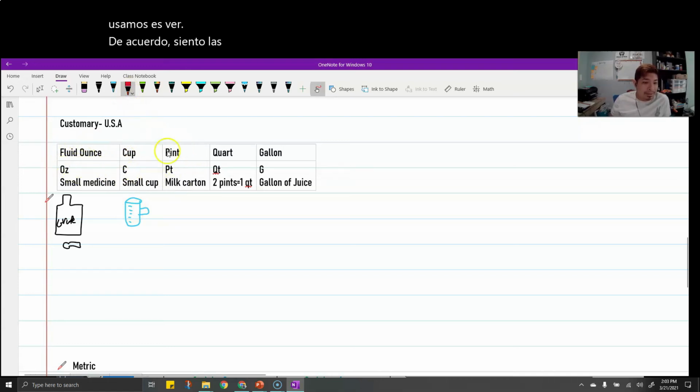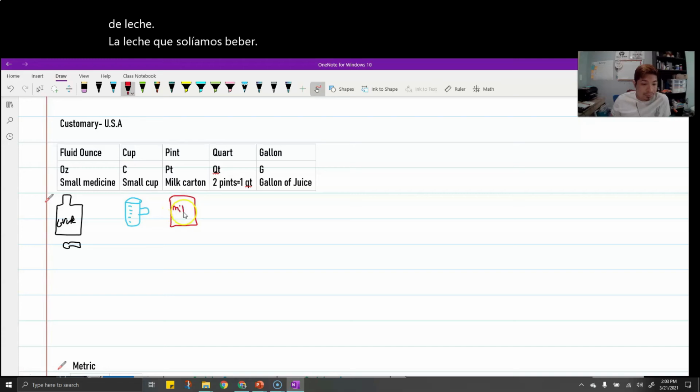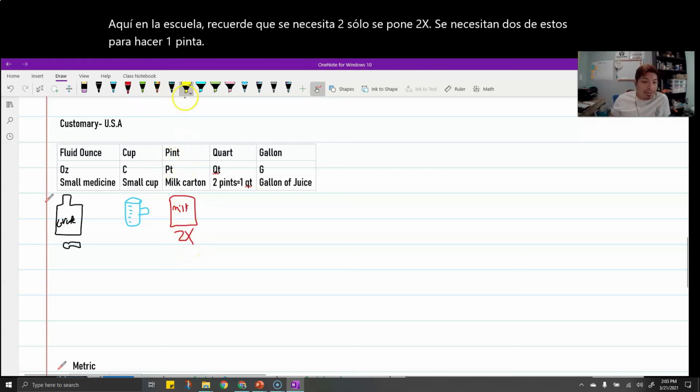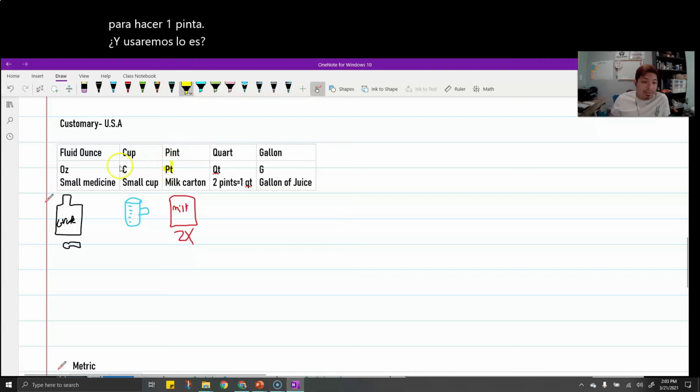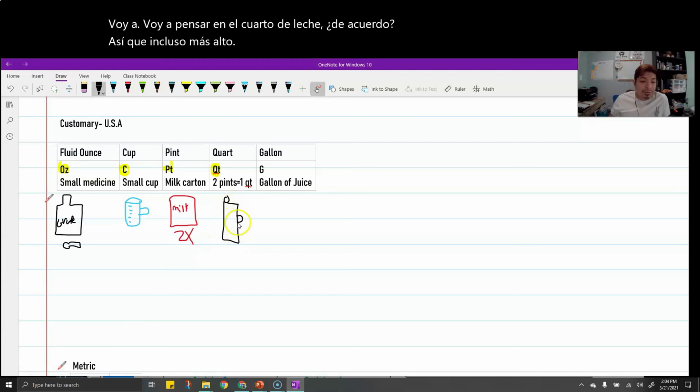This is like a pint, okay? I'm gonna think of milk, the milk carton, the milk that we used to drink here at school. Remember, it takes 2 of these to make 1 pint. And what we use is PT, okay? For quart, we use QT. And I'm gonna think of a quart of milk, the even taller one, the tall skinny one.